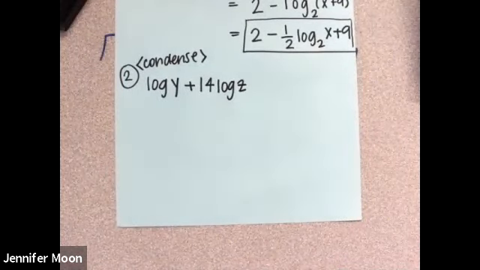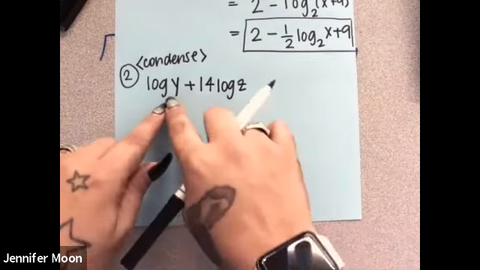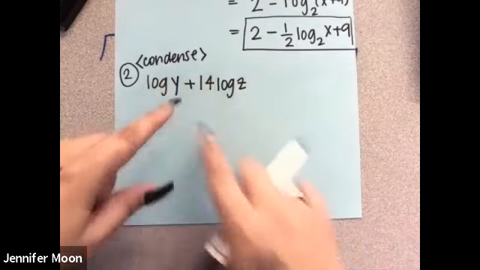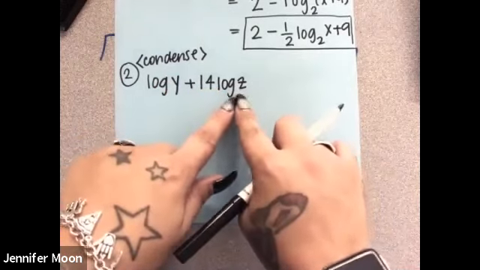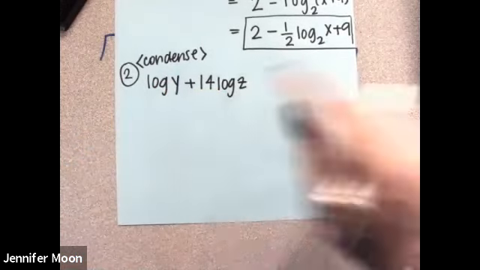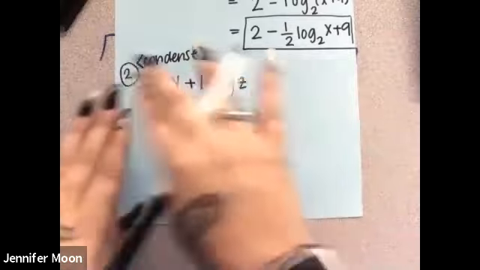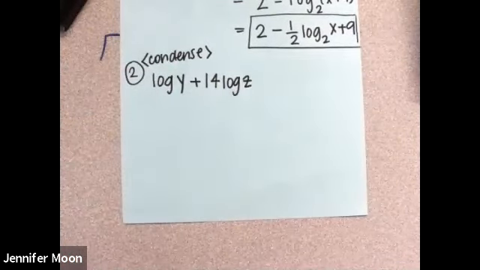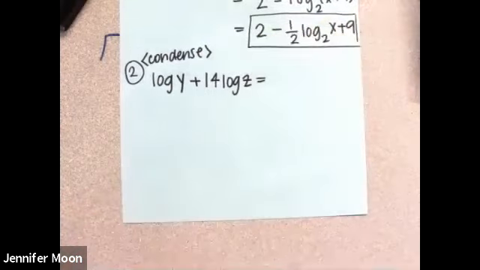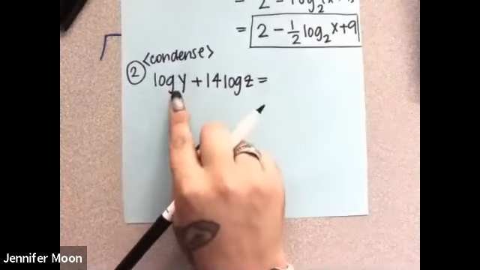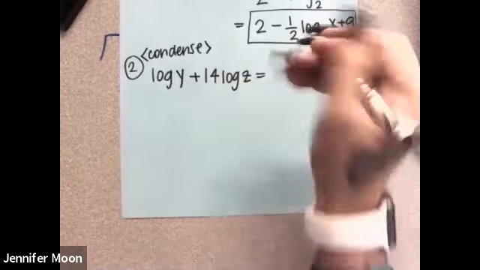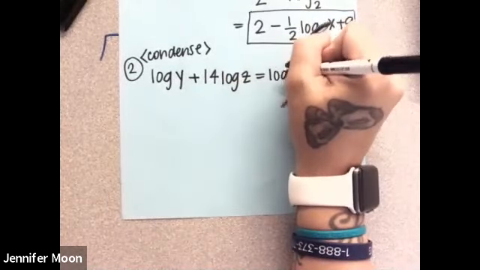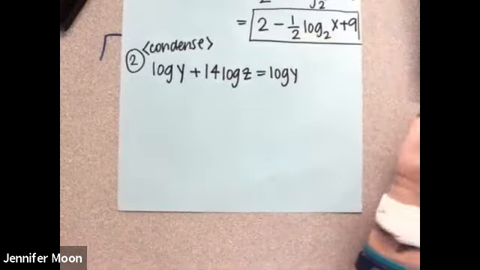Now, if you look at this the way that it's written, I know that that base is 10, right? And I know that 10 can't be raised to anything to get y. And I know that 10 can't be raised to anything to get 1. So there's no reason to even include it in this one. Now, if you did have 100 or certain numbers and you thought maybe, then you could. The only thing you need to recognize here, like I said, I can't raise 10 to any power. So it's just log of y.